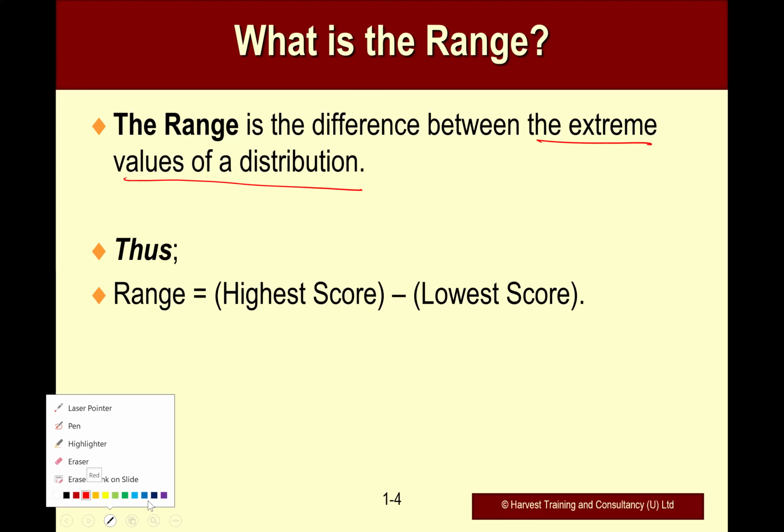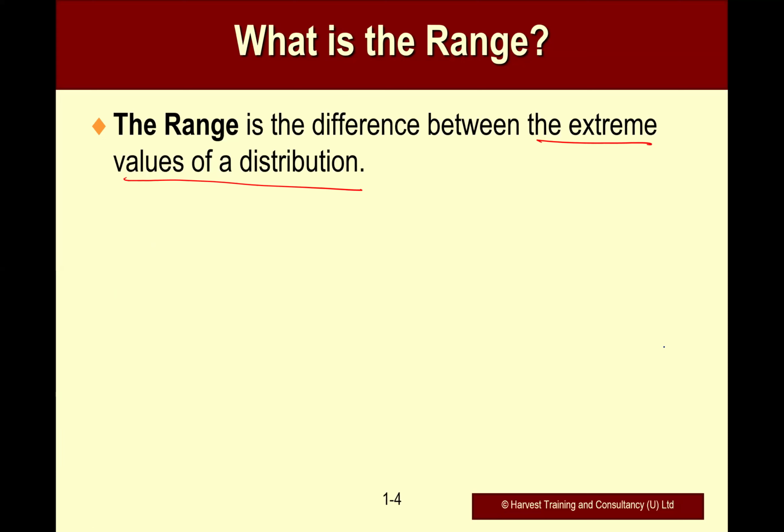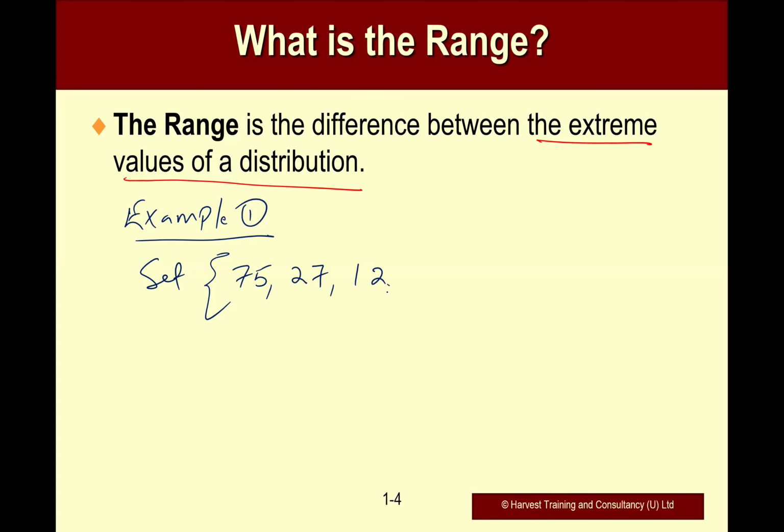So if we try to paint a picture here, assuming that we have a distribution, if I say this is our example 1, and we have set A having maybe 75, 27, 12, 8, let's say we have 62, we have 10 and 5.